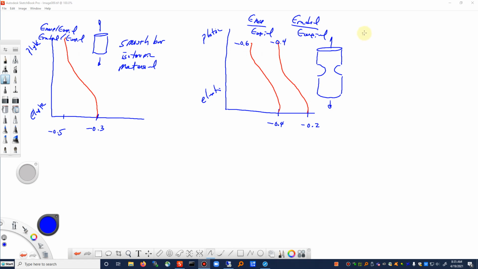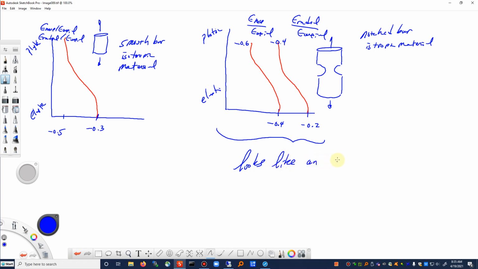Okay, so this is a notched bar with an isotropic material, and this looks like an anisotropic material when expressed in terms of the nominal stresses.